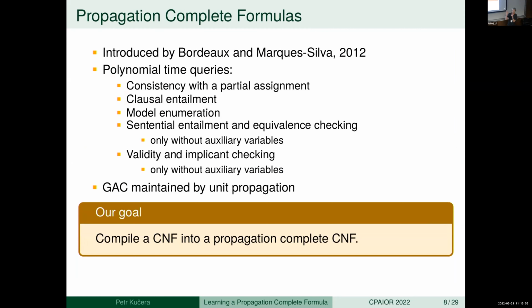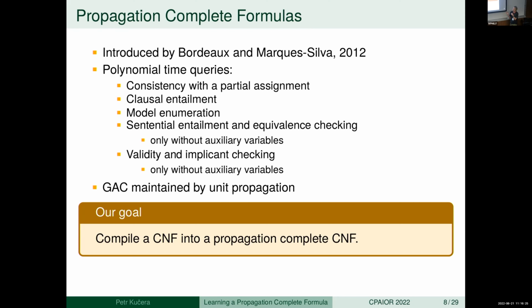So propagation complete formulas, if we consider them as a target compilation language, which was the case already in the original paper from 2012, then we can answer consistency-related queries just by unit propagation. Like consistency with a partial assignment, clausal entailment, model enumeration, because we also have conditioning, sentential entailment.